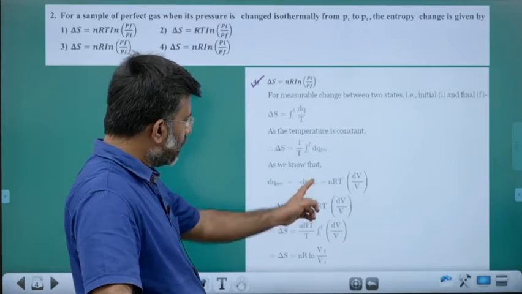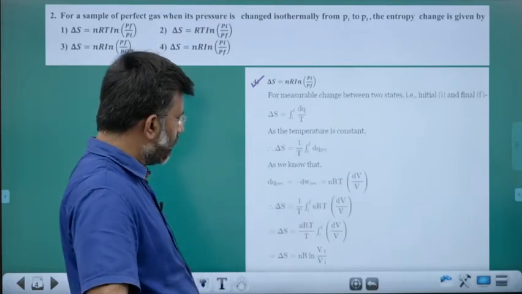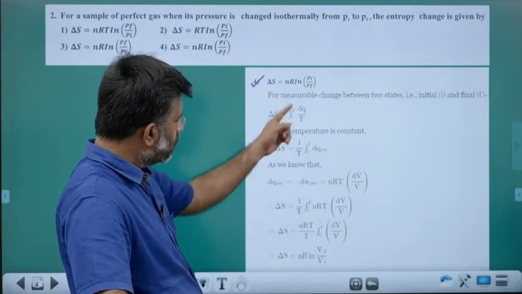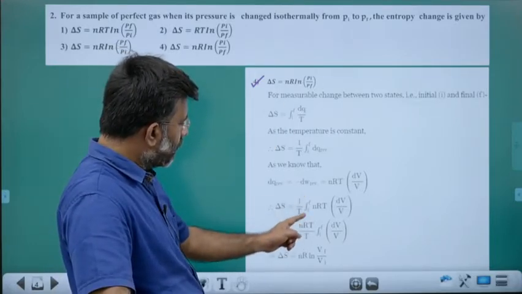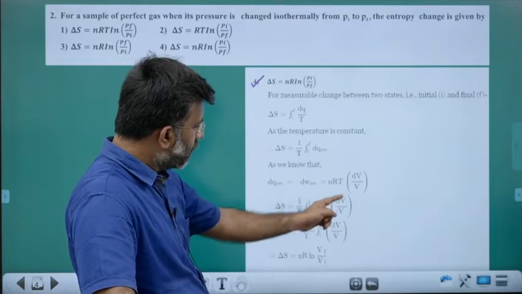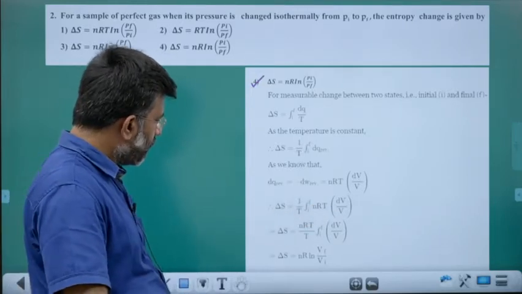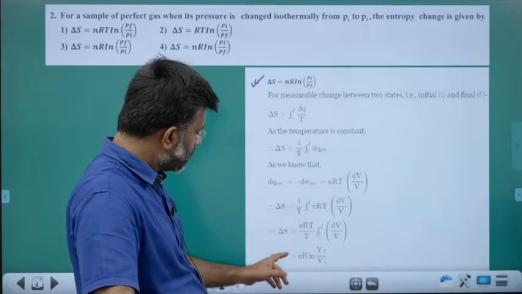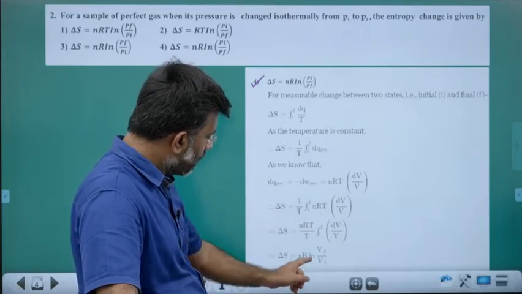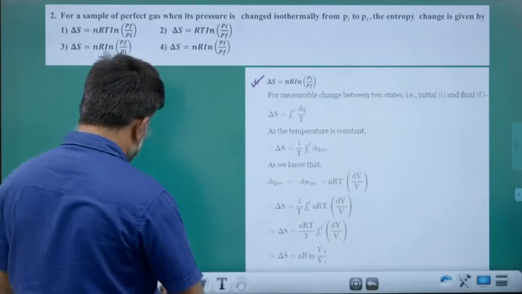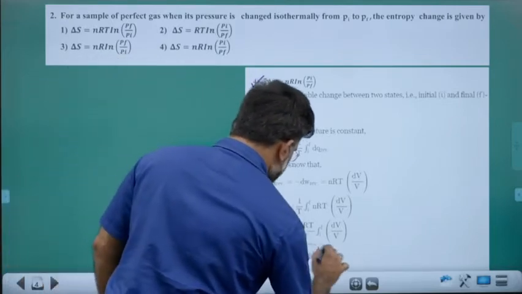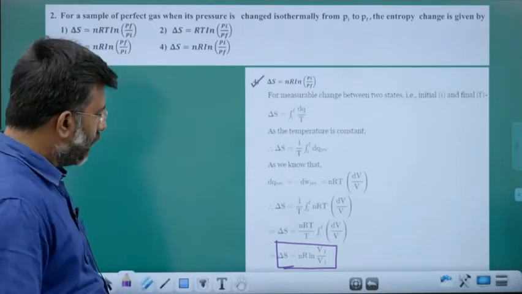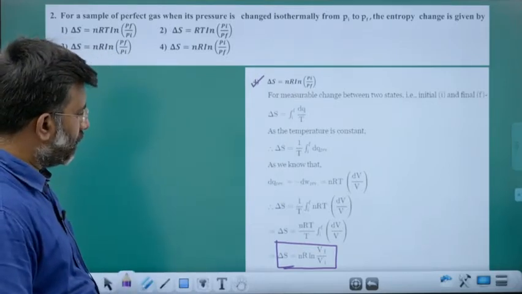So it is nRT dV by V. So delta S is equal to 1 by T into the integral from initial to final of nRT dV by V. And the T gets cancelled. You get nR log V final by V initial. This is an equation you definitely might have seen. Delta S is equal to nR log V final by V initial.